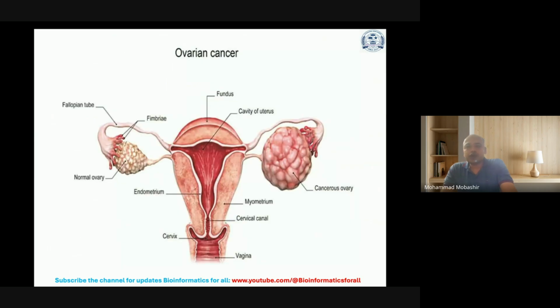Now, if you want to see the structure or figure of ovarian cancer and the different locations in this system, here you can see the vagina, cervix, cervical canal, myometrium, endometrium, cancerous ovary, and here the normal ovary. You can see the difference between cancerous and normal ovary, then fimbriae, fallopian tube, fundus, cavity of uterus.